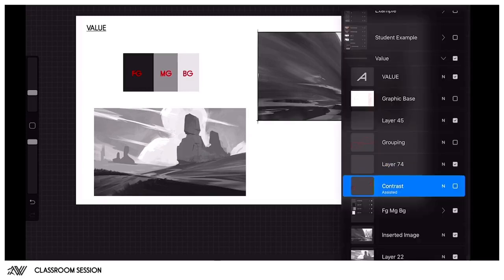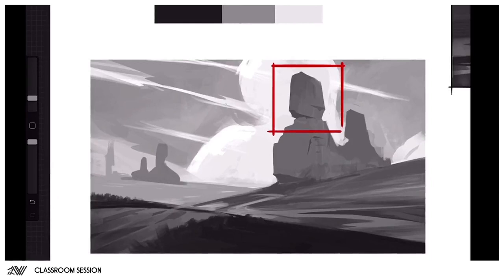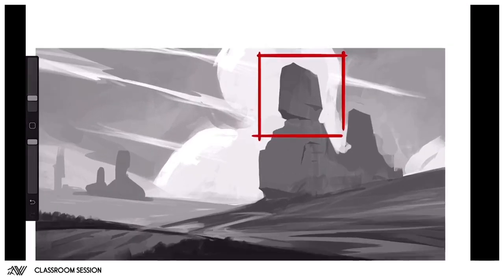Okay, and then value contrast. This is sort of a big one. This is most commonly used. You use this in your character designs as well. The highest amount of detail and the highest contrast of value will usually be a good place to put your focal point. We do that in character design, we do it in creature design, we do it in landscapes as well, right? So there's a reason why I have my cloud behind the rock here. It's because it just gives the highest contrast of value. Does that mean that my rock is the darkest value? Definitely not.